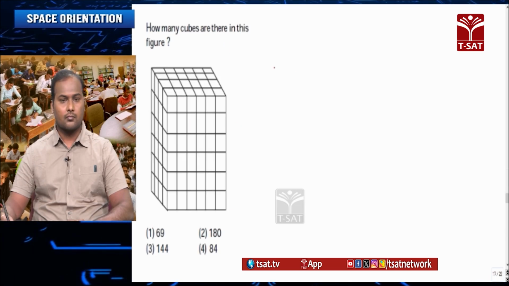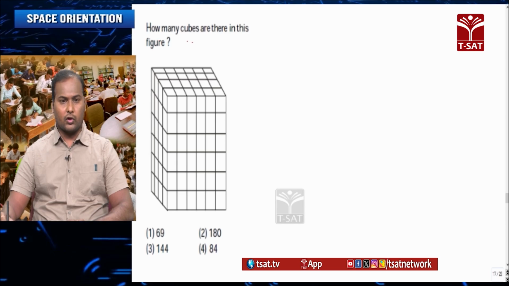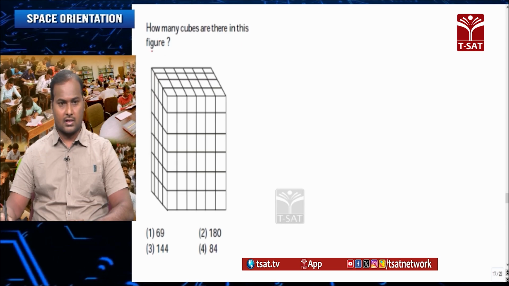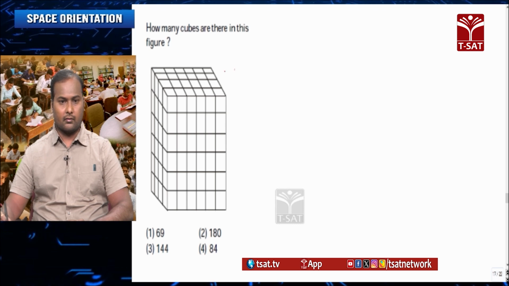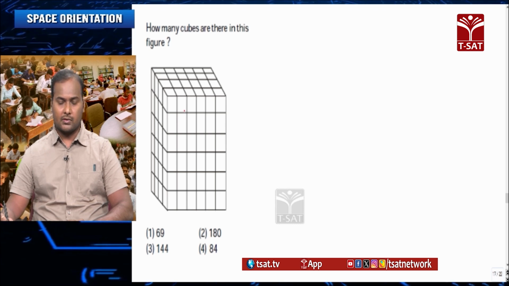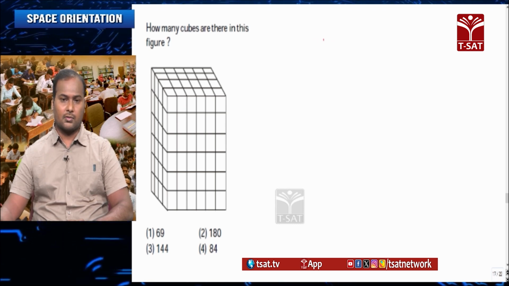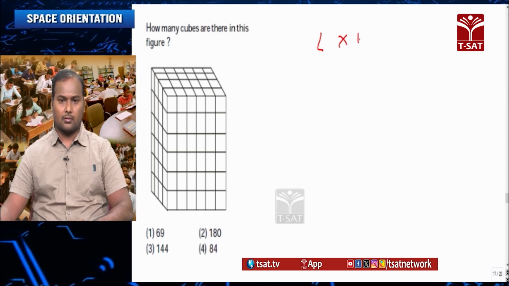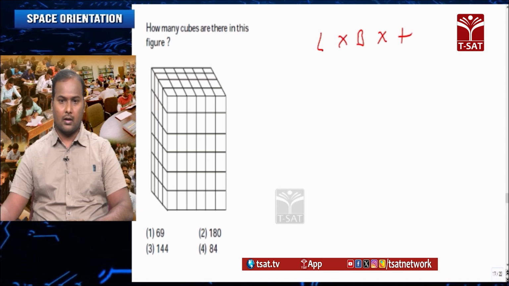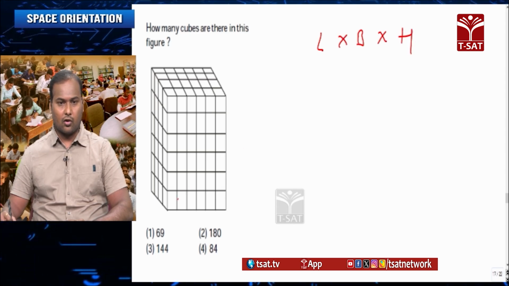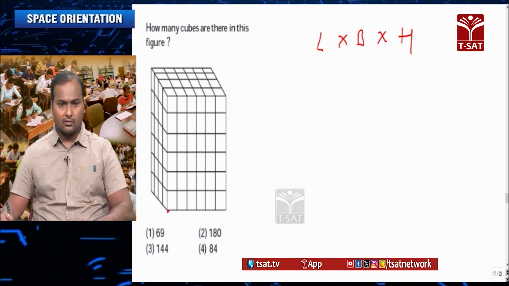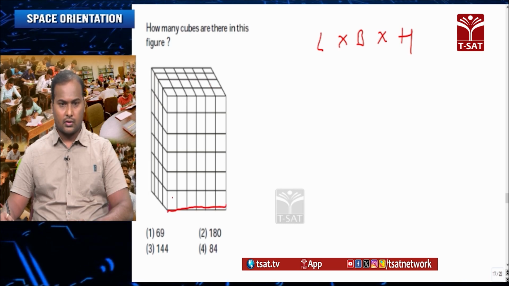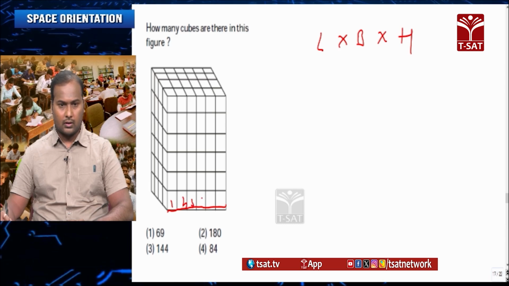Next question. See here. How many cubes are there in this figure? He is asking how many cubes are there in this particular figure. So we need to take this cube, which is a 3-dimensional figure. Whenever we have a 3-dimensional figure, there is length, breadth and height. So first we calculate how many in length, how many in breadth and how many in height. Imagine this is the length: 1, 2, 3, 4, 5, 6.